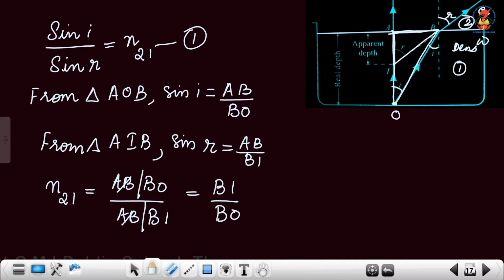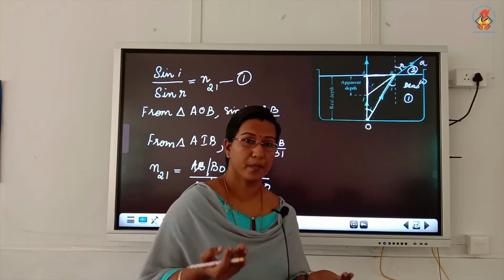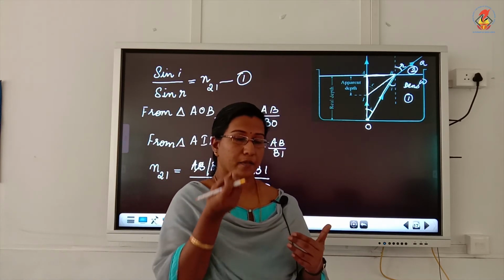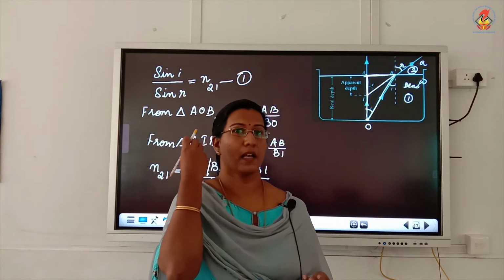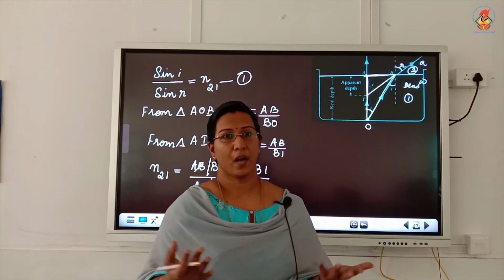Now you all know how we are able to see an object. Light rays from the object reach our eye, enter through the pupil, reach the lens, and reach the retina, and we are able to see the objects.